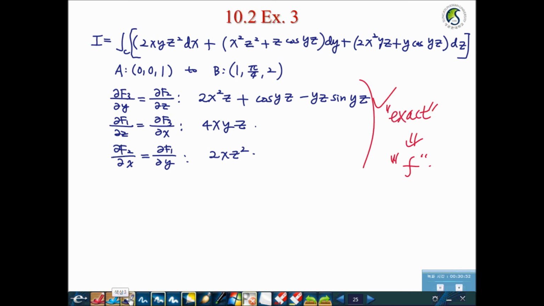All right, and we are doing the same thing: let's see, F2 dy, okay? So x squared z squared plus z cosine yz dy.